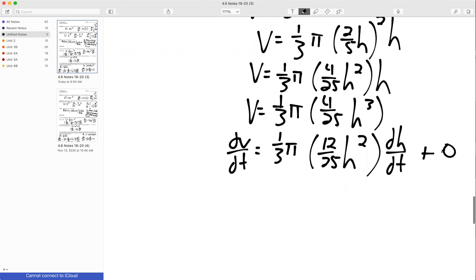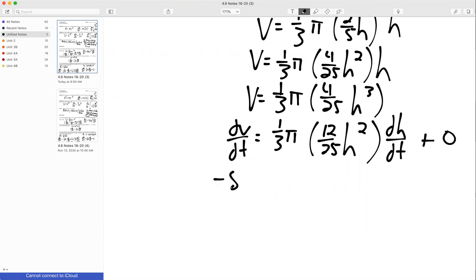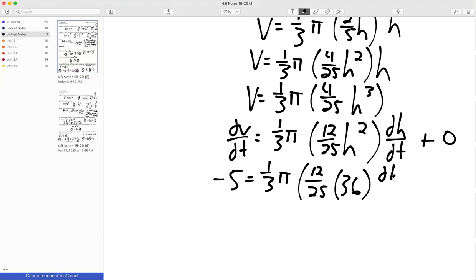So dV/dt is -5. And I've got 12/25, and h, careful, they asked me to find dH/dt when h is 6. So I'm going to plug in 36 for h squared, and then dH/dt is what I'm trying to find.